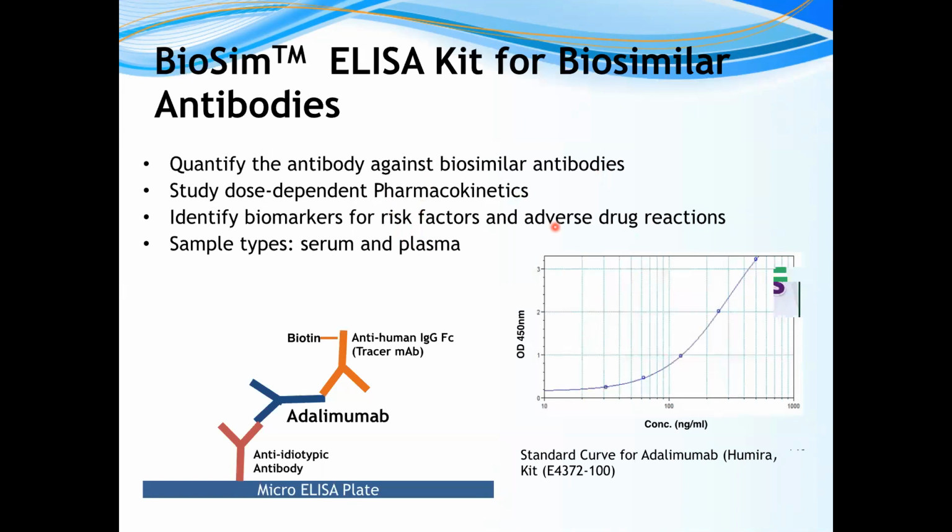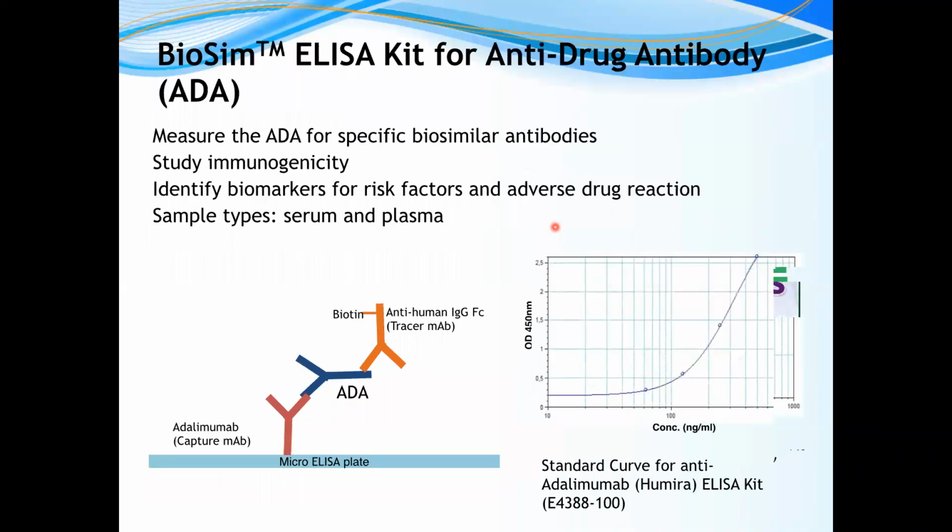Another category related to the biosimilar antibody ELISA kits is our biosimilar ELISA kit for anti-drug antibody. This is the product line that can detect the antibody against the biosimilar drug.